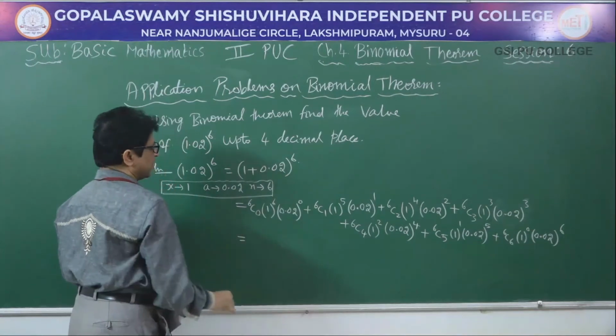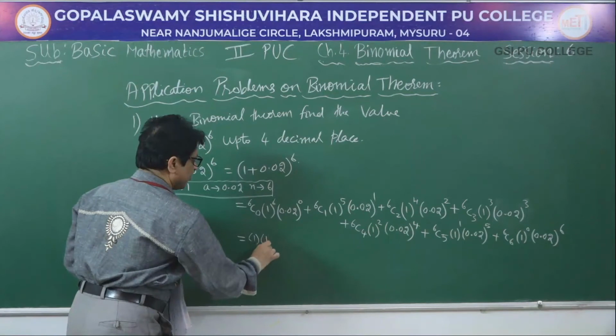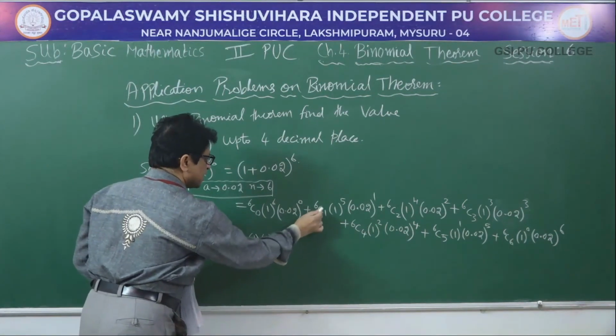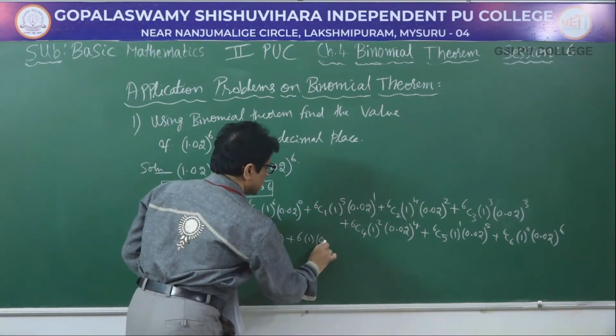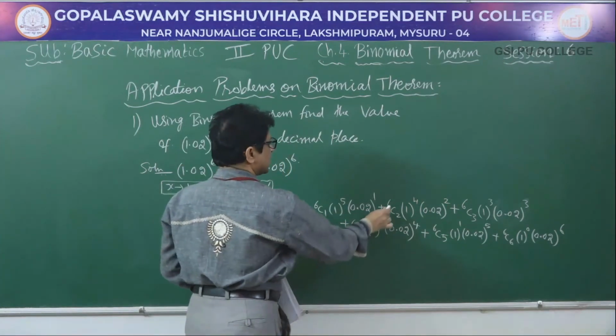So that will be equal to 6c naught is 1, 1 power 6 is 1, 0.02 whole power 0 is 1 plus 6c1 is 6 into 1 into 0.02 plus 6c2.